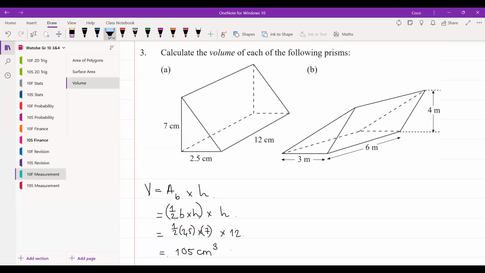Which shape can we see on the particular prism? Which shape is exactly the same? The two of them, they're exactly the same. I'll give you a hint. This is one of them. Triangle and triangle, both sides.